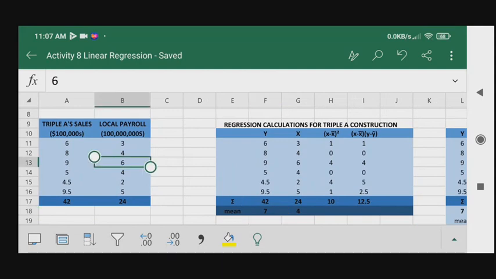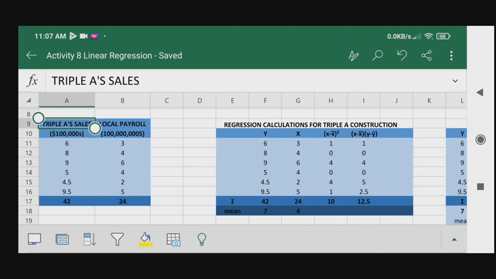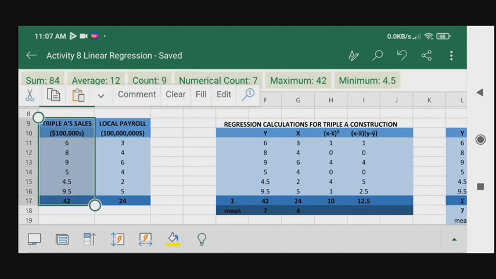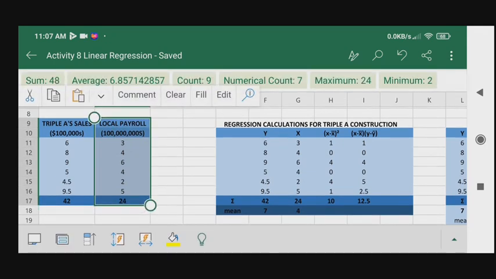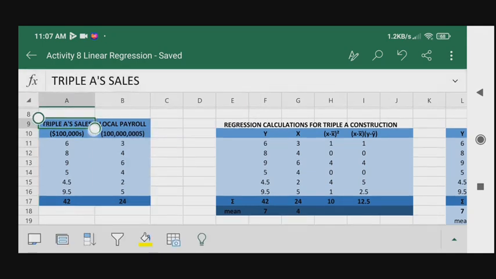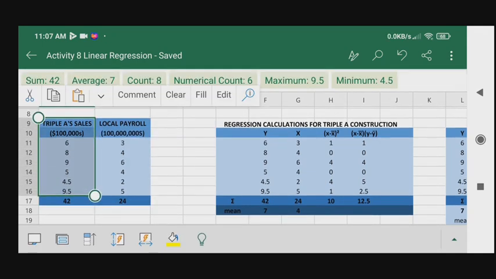This is the AAA Construction Company sales, and this is the AAA Construction Company payrolls. The AAA company sales has 6 given values, which are 6, 8, 9, 5, 4.5, and 9.5.